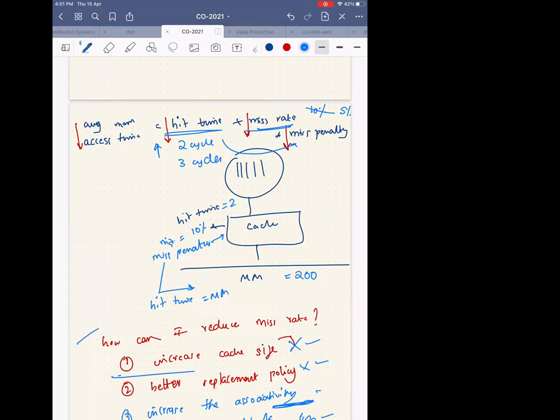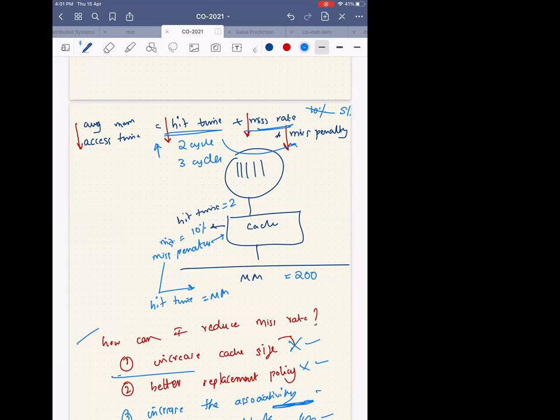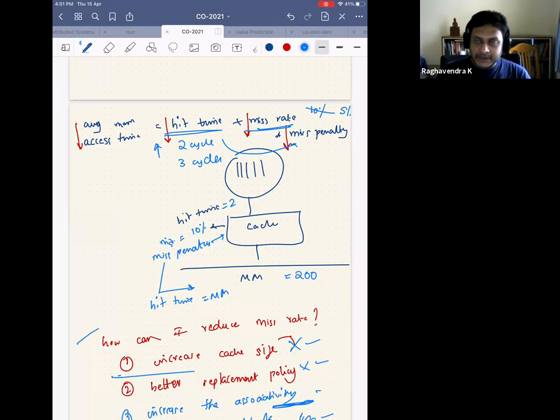If we have different levels of cache, then we can place some cache closer to the CPU, and hence the number of cycles required would be less. Okay, your answer is right, but we generally don't agree that it reduces the hit time because of having multiple levels of cache, because I am talking about the average memory access time of this particular cache.